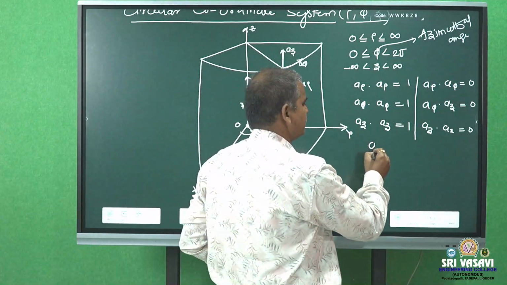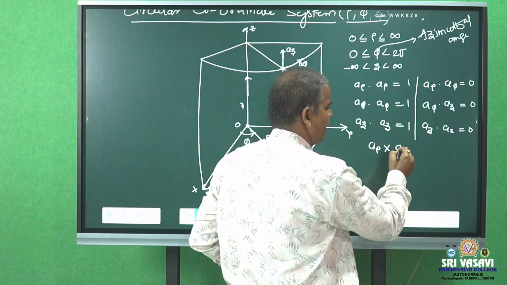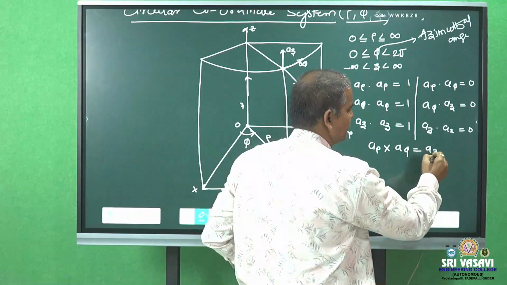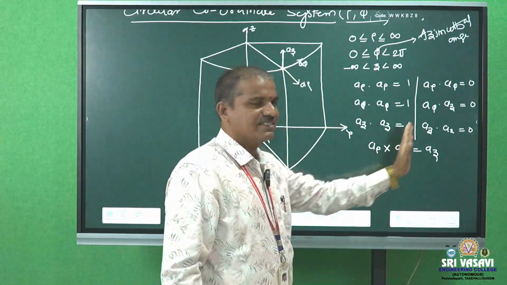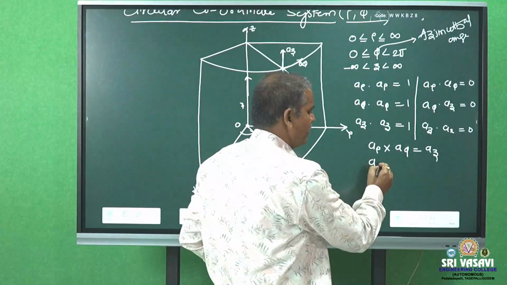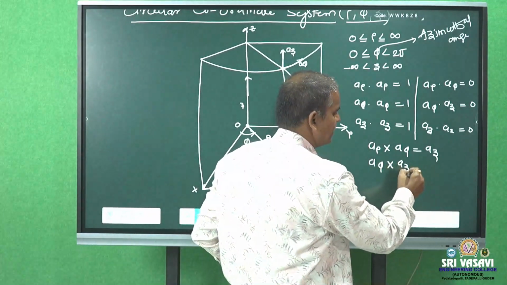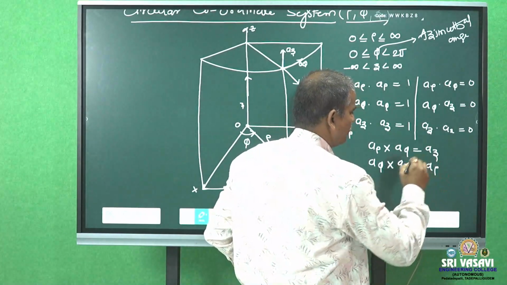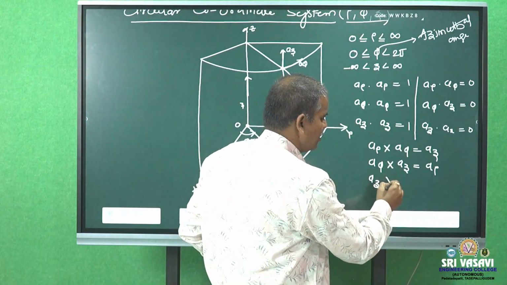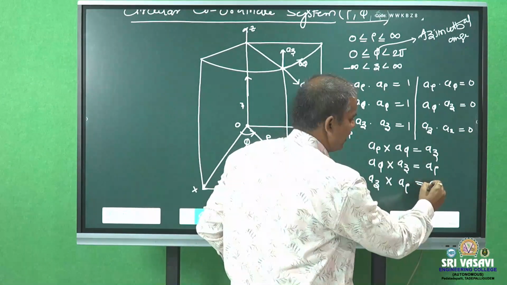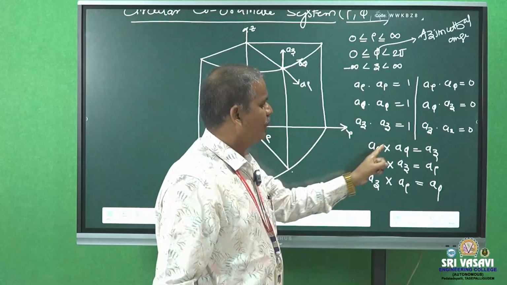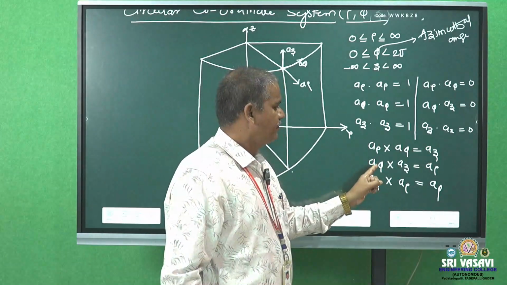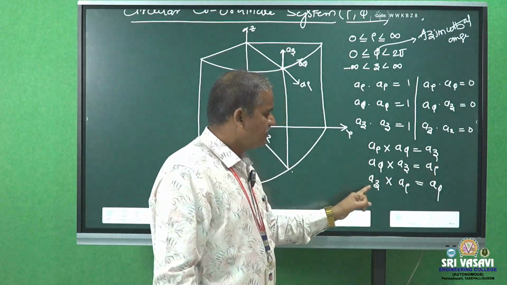In a similar fashion, a rho cross a phi becomes a z. You maintain the sequence rho, phi, z. Similarly, a phi cross a z equals a rho, and a z cross a rho equals a phi. See the sequence rho, phi, z; phi, z, rho; z, rho, phi.